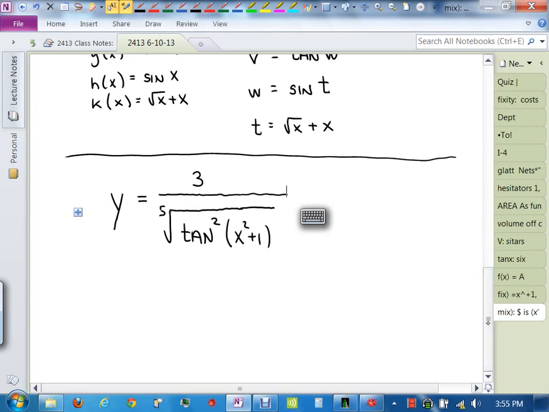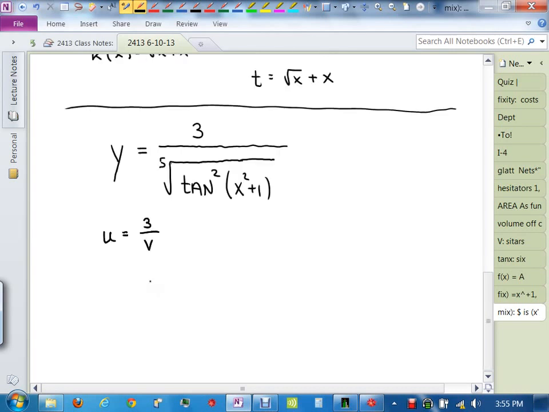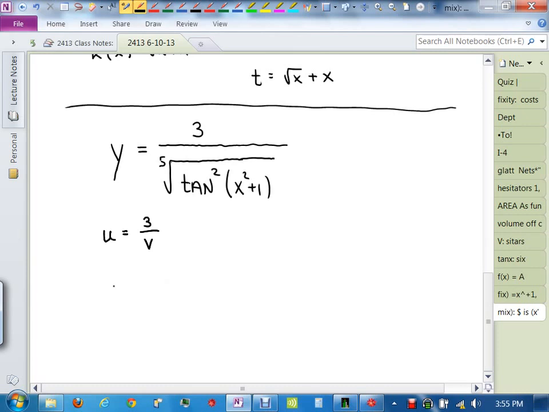So I think I'll start off with u is equal to 3 over something, v. All right? Now, what's v? It's the fifth root of something, w. Okay, what was w?